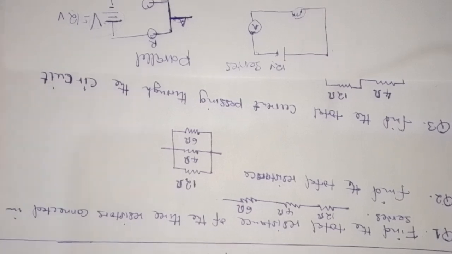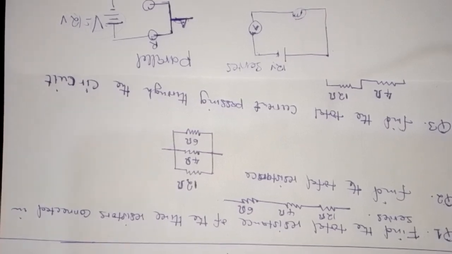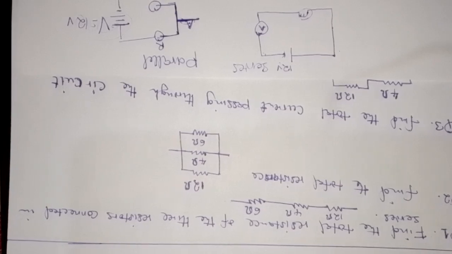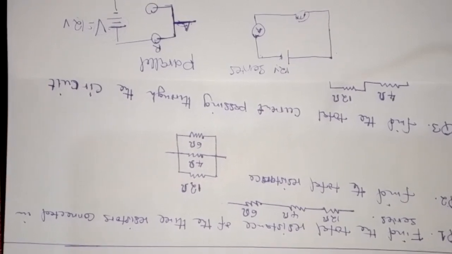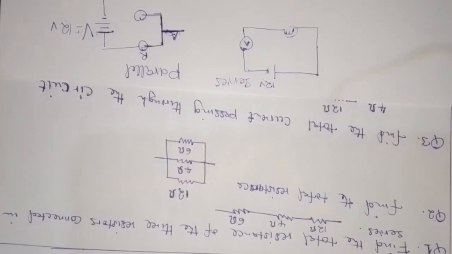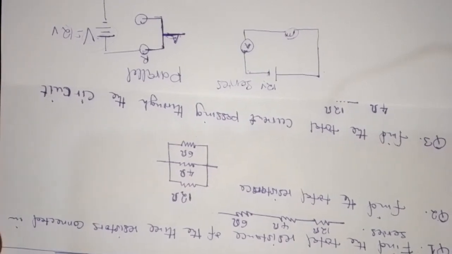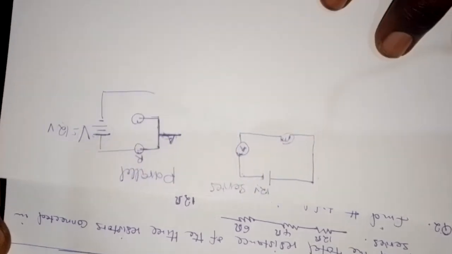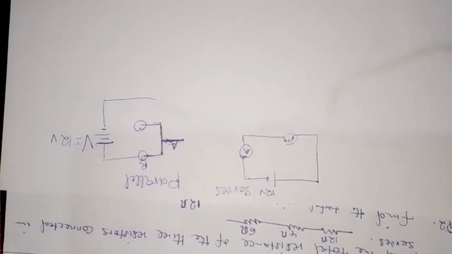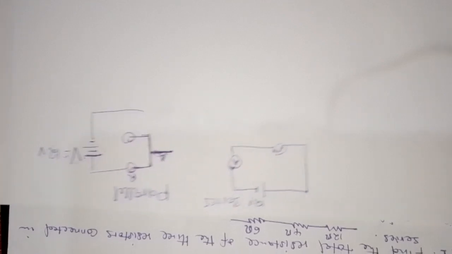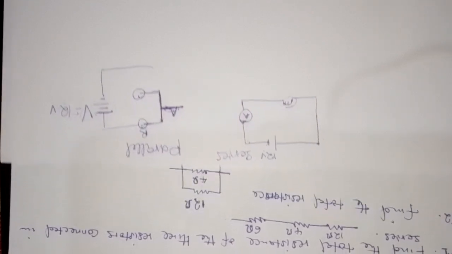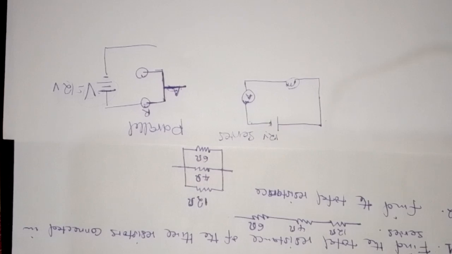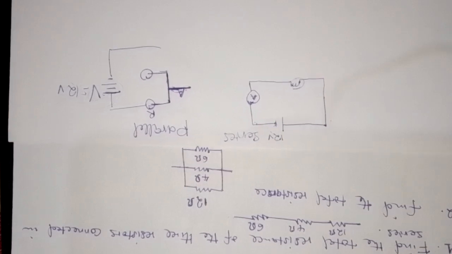Here we have a question: find the total resistance of the three resistors connected in series. This question says it is connected in series. So how do we find the total resistance when it is connected in series?